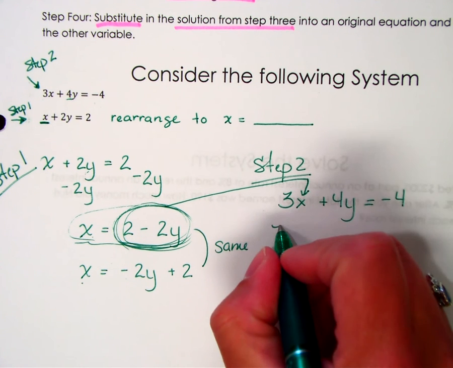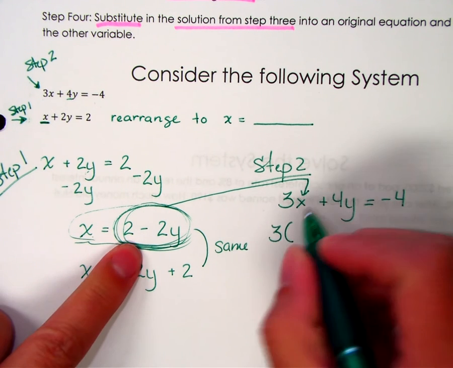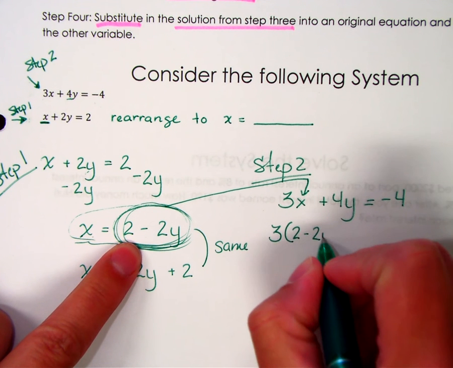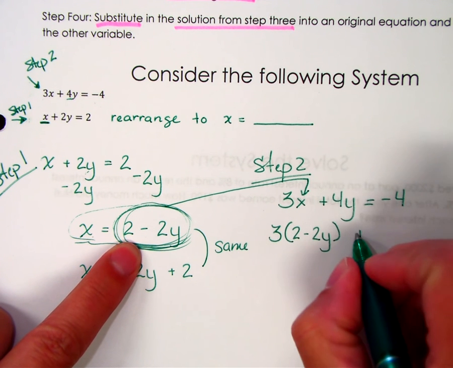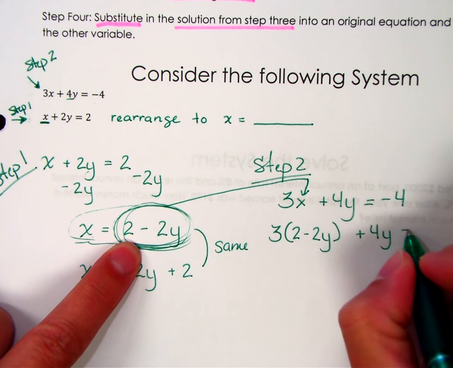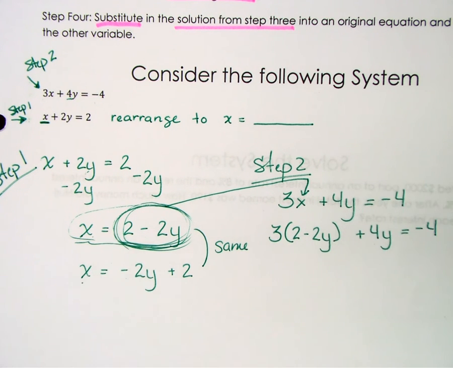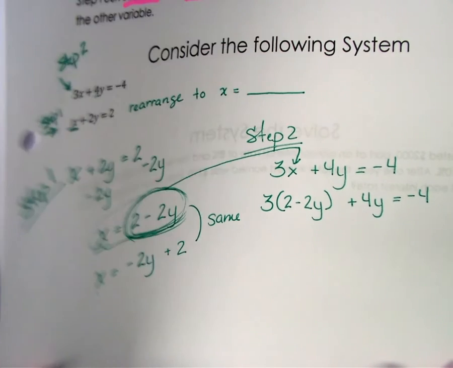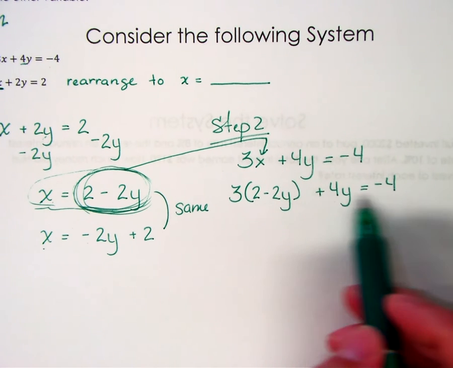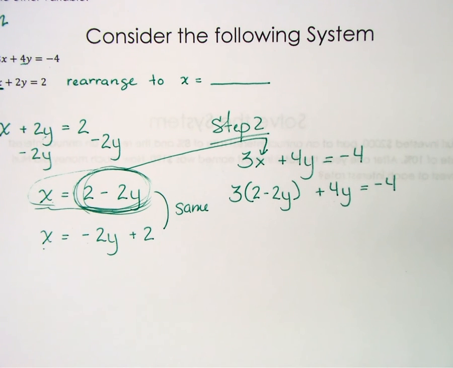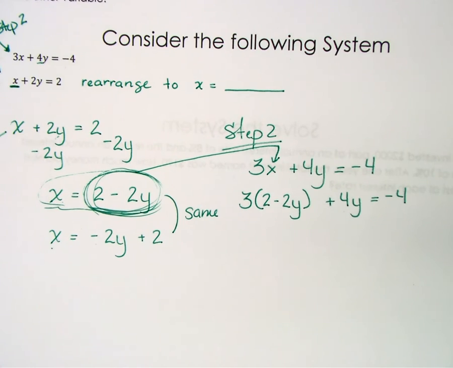So I'm going to use some brackets here. I'm going to say 3 times (2 minus 2y), and then plus my 4y equals negative 4. So now what you see has happened is that in step 2, the only variable I have is y. So now I can go ahead and solve for y. That's step 3.